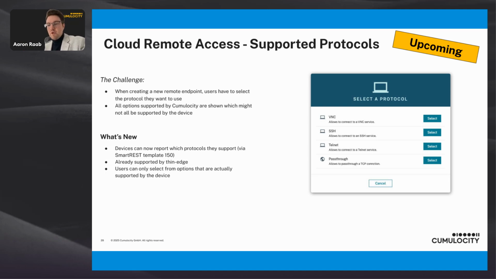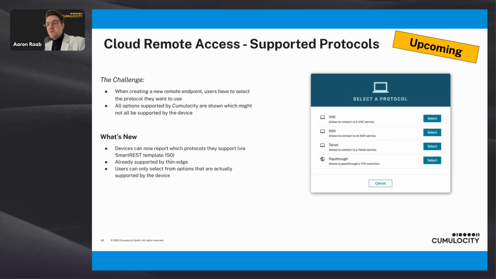As of today, as you can see here in the model on the right side, we list basically all protocols that are supported from the cloud side. However, if you want to set up an endpoint, you may run into an error if this protocol isn't actually supported by the device.